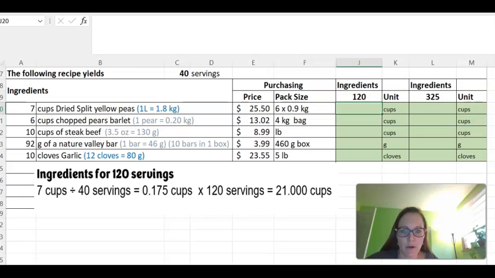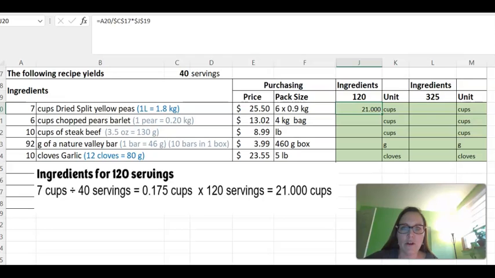In this case, we have 2 common numbers, so we're going to go equal sign, and then we're going to click on the 7, and then we're going to divide that by our first common number, which is 40, and then our second common number we're going to multiply by our 120 servings, and then we're going to go back to our first one here and do absolute cell referencing, and then we're going to do it again here to our common number, absolute cell referencing, and then press enter, and we get our 21 cups.